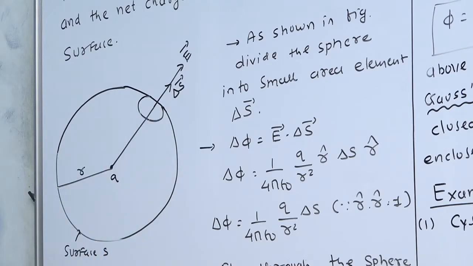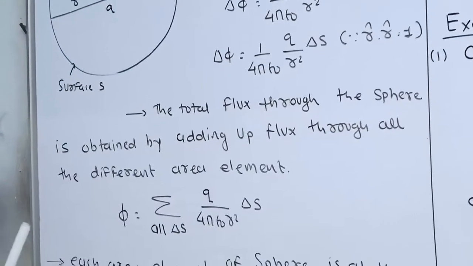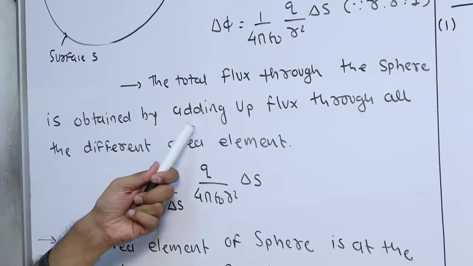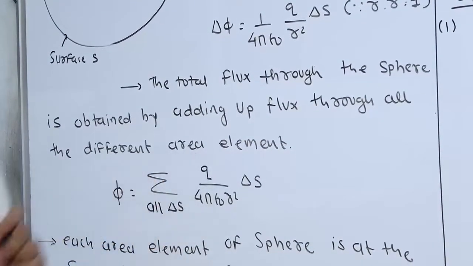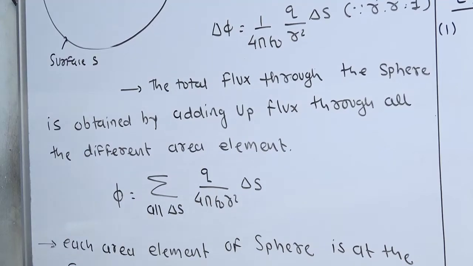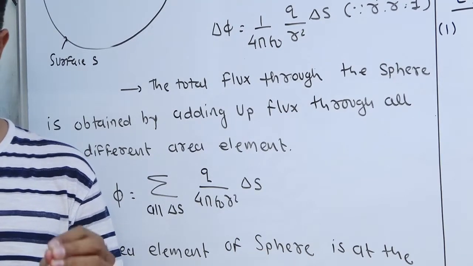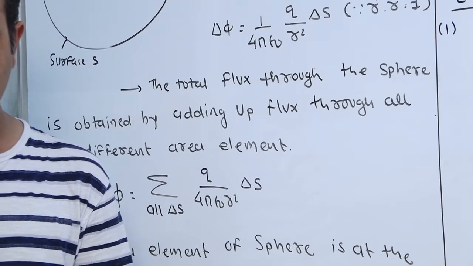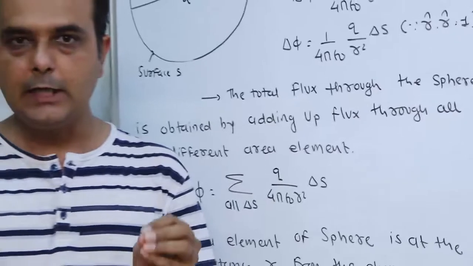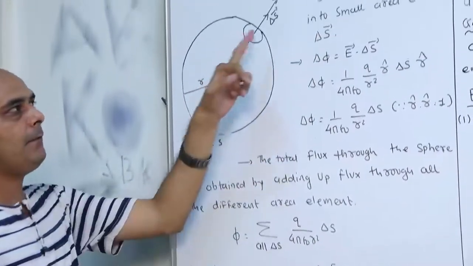To calculate the total flux through the sphere, we add up the flux through all the different area elements. A simple thing, student. This is our first area element.